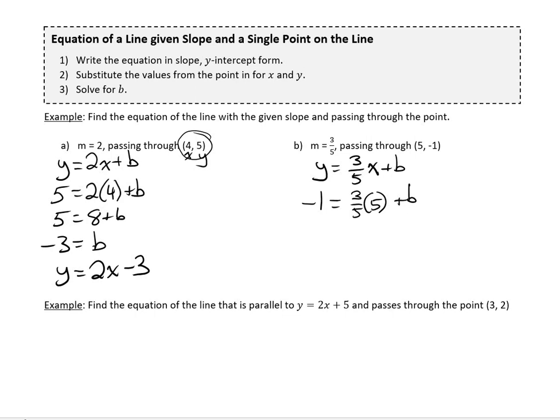Here we have our fractional friend. We've got a divide by 5 and a times 5, so they cancel. So negative 1 is equal to 3 plus b. We'll subtract 3 from both sides to get negative 4 is equal to b. So y is equal to 3 over 5x minus 4.